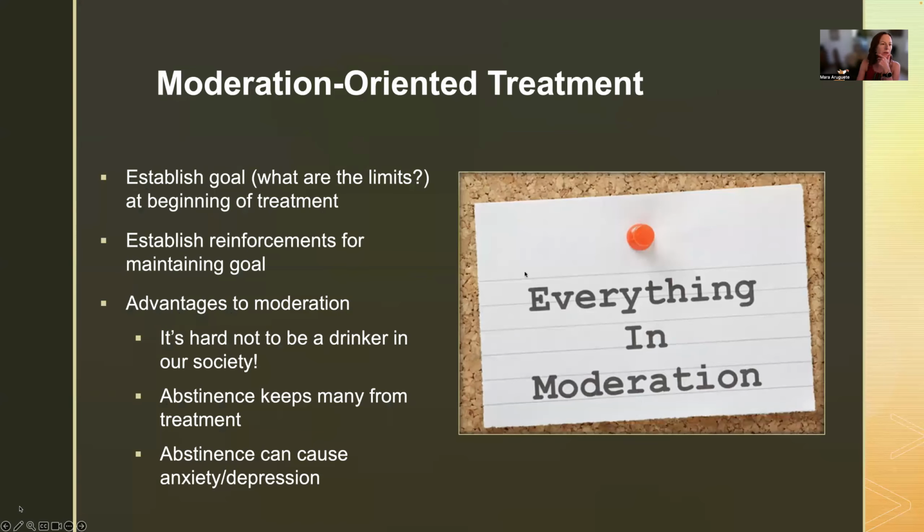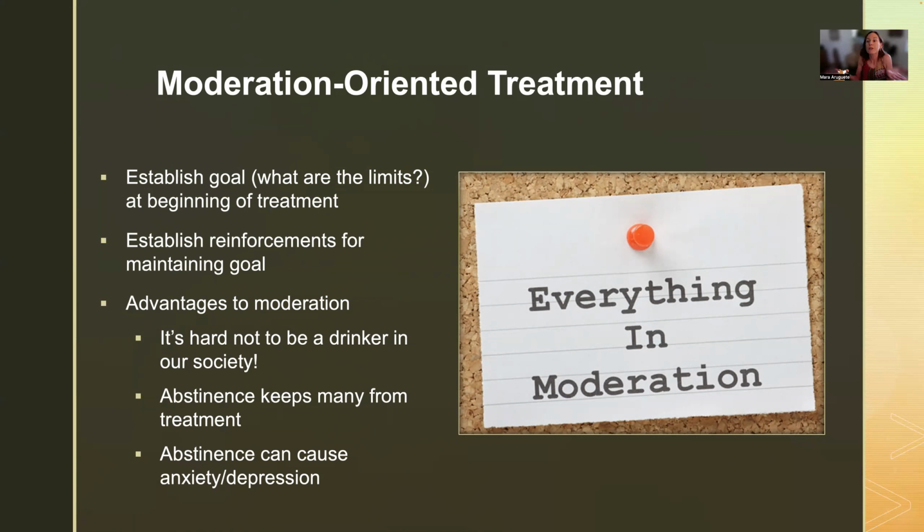So when we talk about moderation-oriented treatment, I'm going to give you a moderation example in the case of alcohol. We don't generally do too much moderation in the case of cocaine and heroin, but it may be applicable to marijuana as well. So first off, you're going to establish a goal, which is, what are the limits?